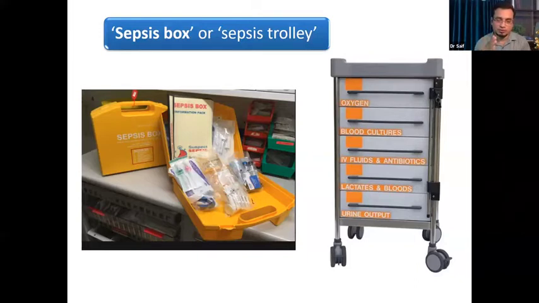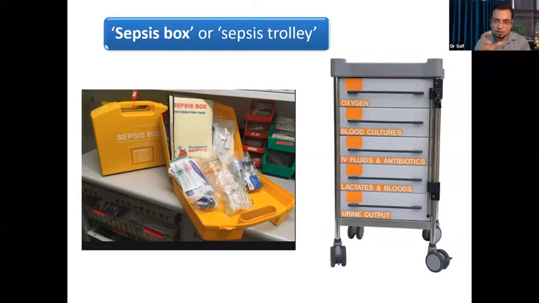We used to keep all important antibiotic vials, and as soon as the antibiotics were decided and the patient went into septic shock, we used to give the antibiotic, even at any odd hours of the night or day, and that saved a lot of patients.